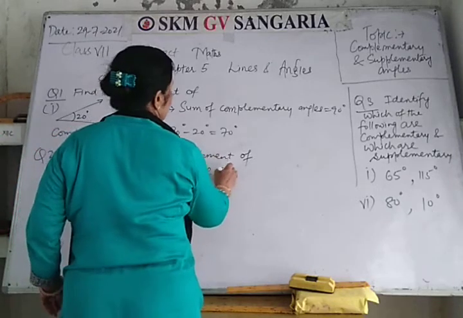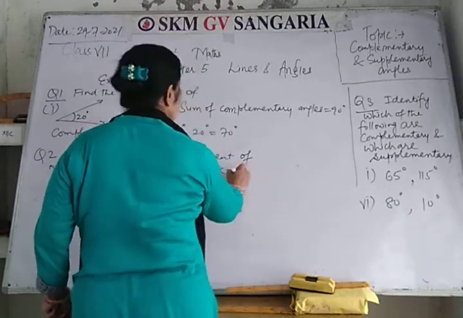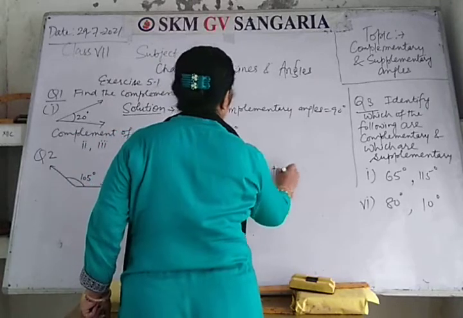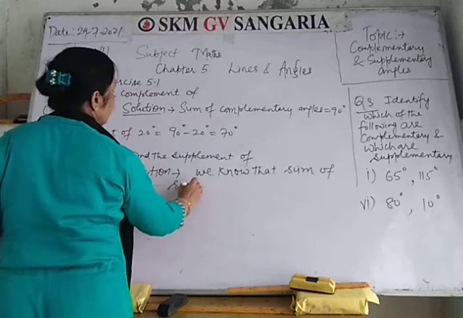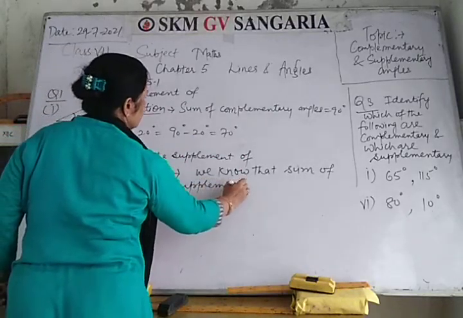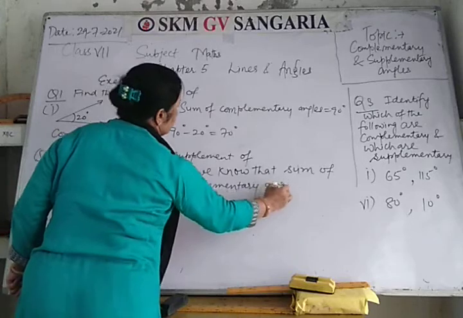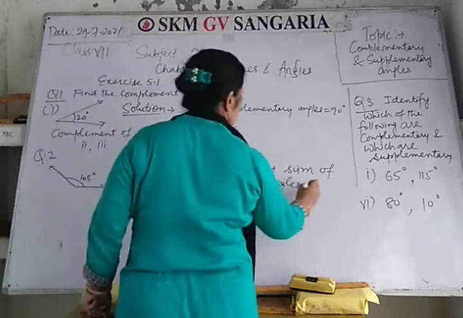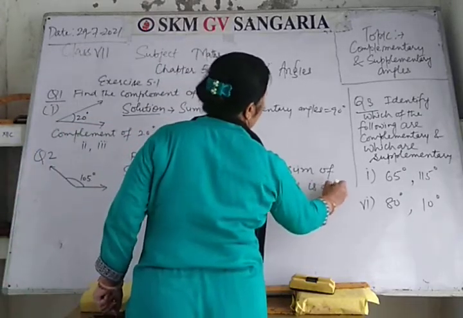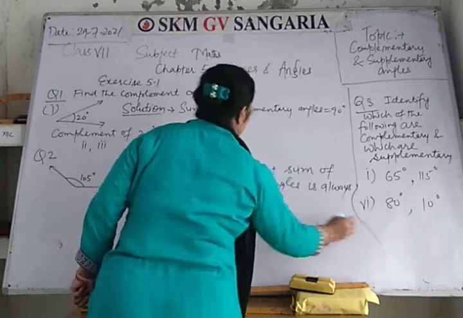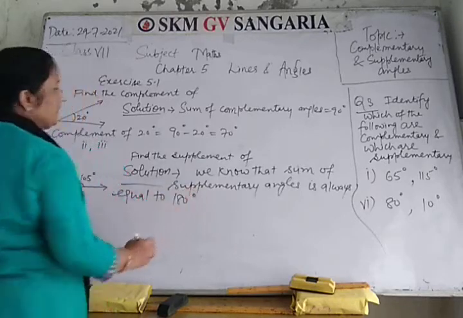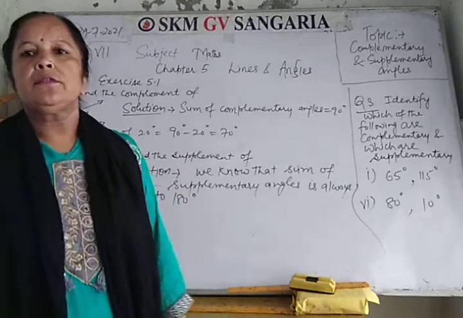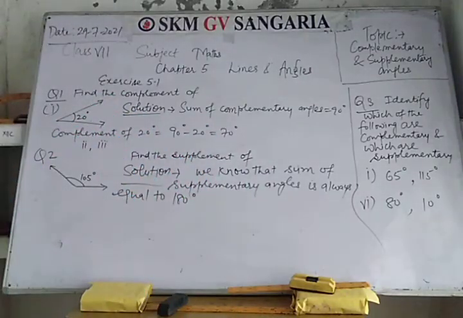We know that the sum of supplementary angles is always equal to 180 degree. Okay. In the next line, what will you write?